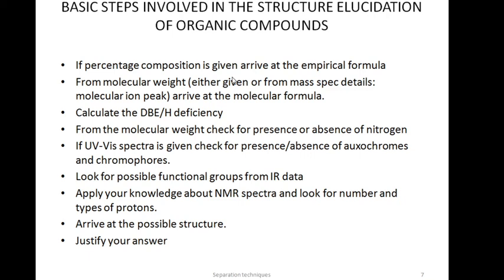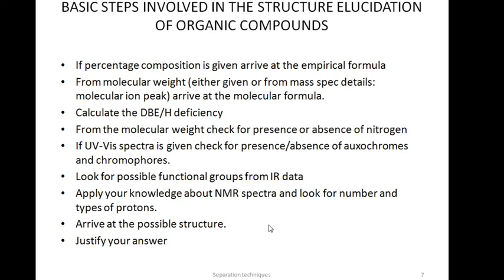If UV visible spectra is given, check for the presence or absence of auxochromes and chromophores, depending upon the lambda max values. And then look for possible functional groups from the IR data which will be provided to you. Apply your knowledge about NMR spectra and look for the number of types of protons in them and arrive at the possible structure. Sometimes you will have mass spectral data also.